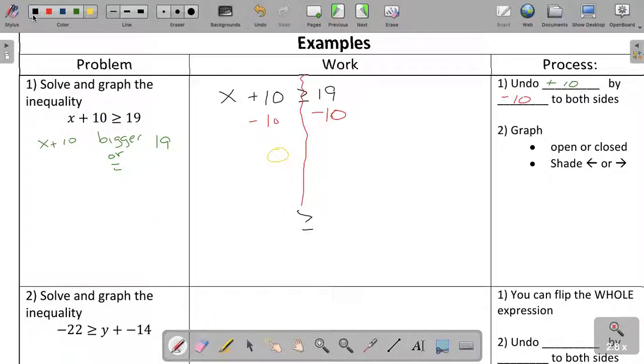So this side here, I've got x plus 0, greater than or equal to 19 minus 10, which is 9. We know that x plus 0 is really x. So x is greater than or equal to 9. Now we have to graph that.